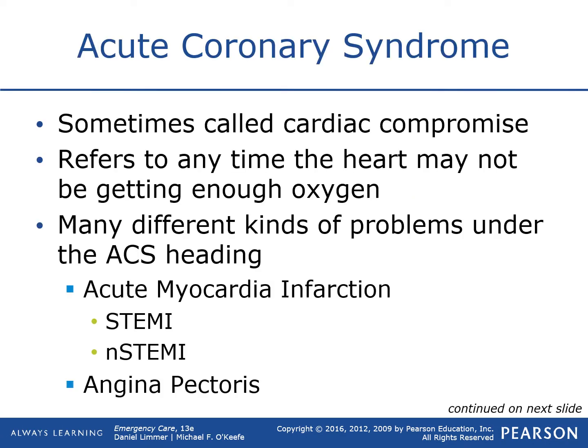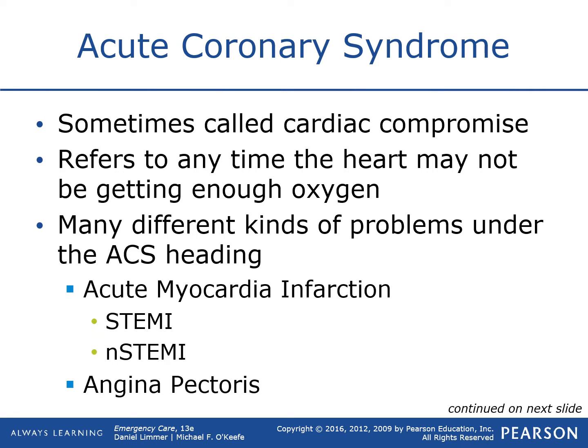So kind of like COPD with respiratory, acute coronary syndrome is an umbrella term for several different types of emergencies that we see. Sometimes acute coronary syndrome is abbreviated ACS, so I'll say ACS from now on. It is sometimes just called cardiac compromise because that's pretty much what's happening with the heart.